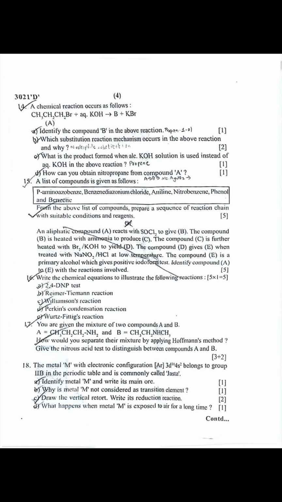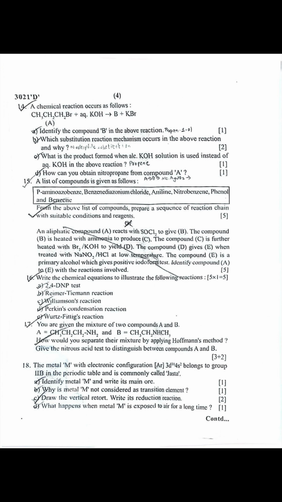Or, an aliphatic compound A reacts with SOCl2 to give B. The compound B is heated with ammonia to produce C. The compound C is further heated with Br2/KOH to yield D. The compound D gives E when treated with NaNO2/HCl at low temperature. The compound E is a primary alcohol which gives positive iodoform test. Identify compounds A to E with the reactions involved.